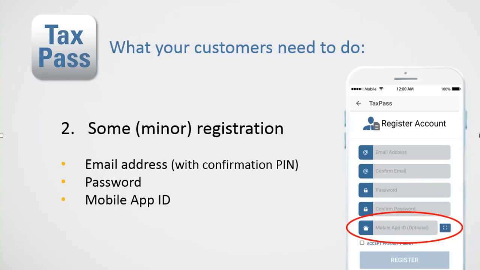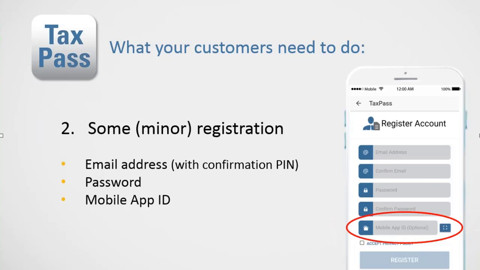Now, this piece is pretty important. If you look at the screen, at the field on the bottom right, it says that it's optional at this point, in parentheses. That's because when they first start this registration process, they don't have to enter the mobile app ID just yet. They could enter it later on before they submit the return to you. But they are going to have to enter it at some point.